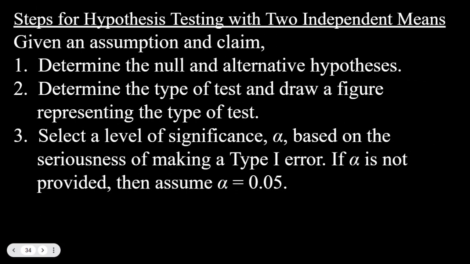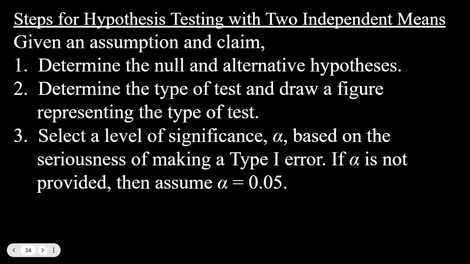Our steps for hypothesis testing when we have 2 independent means. First of all, we're given our assumption and our claim. We're going to determine the null and the alternative hypotheses, just like we have done before. Next, we'll determine the type of test and draw a figure representing the type of test.